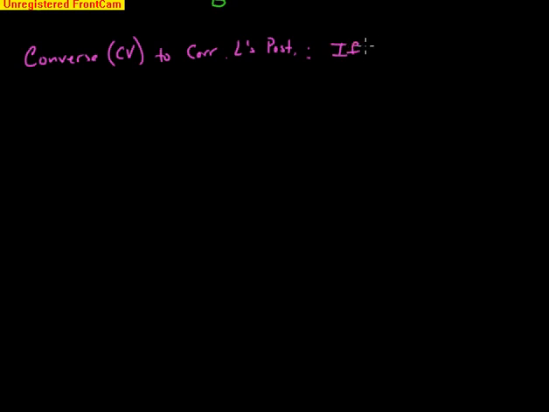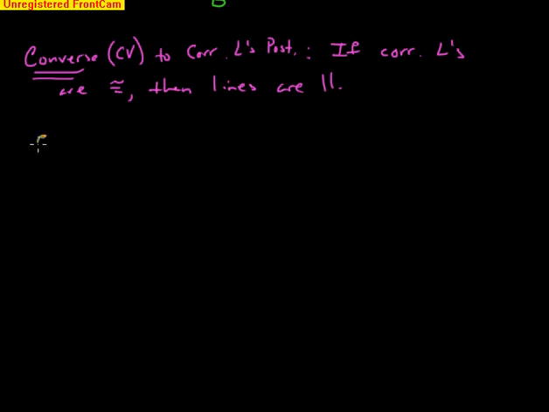If corresponding angles are congruent, then lines are parallel. Okay? So again, this says if corresponding angles are congruent, then lines are parallel. Again, using very shorthand, but it's the converse, okay?